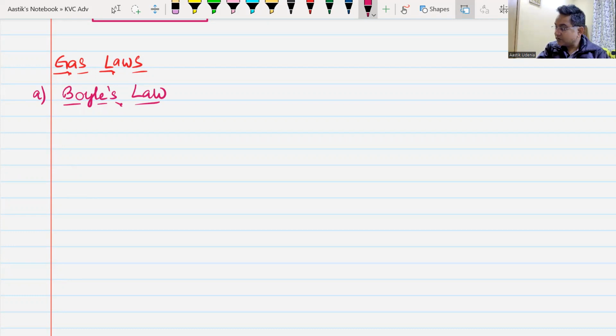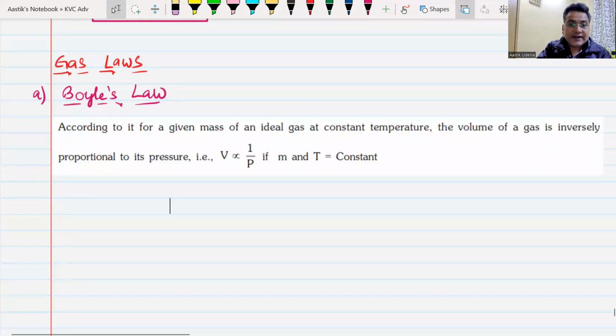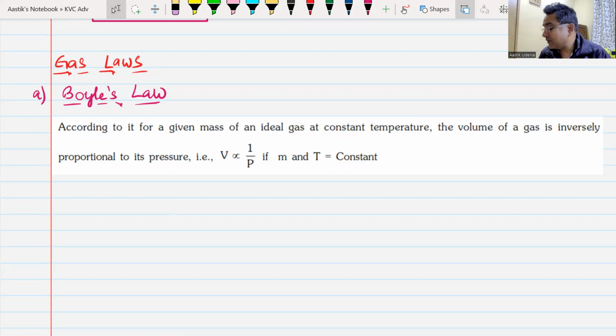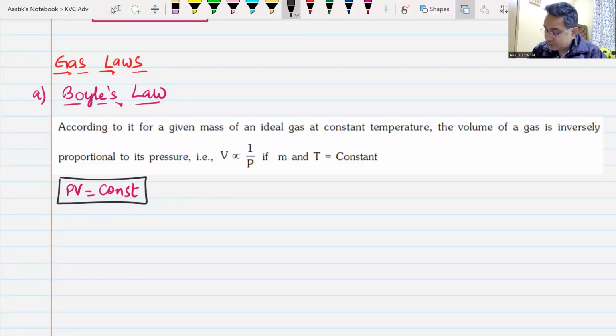What does this Boyle's law state? If the mass of the gas and the temperature of the gas are constant, the volume of the gas is inversely proportional to the pressure, or you can simply say P into V is a constant. Yes or no? That, my dear friend, is known as your Boyle's law.